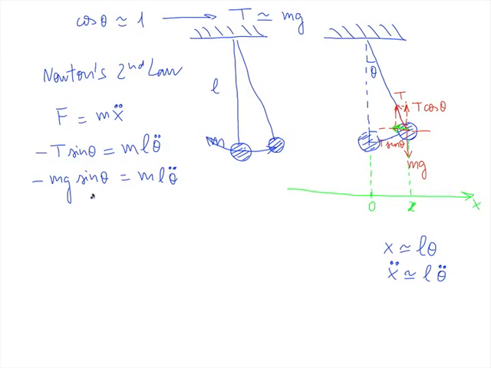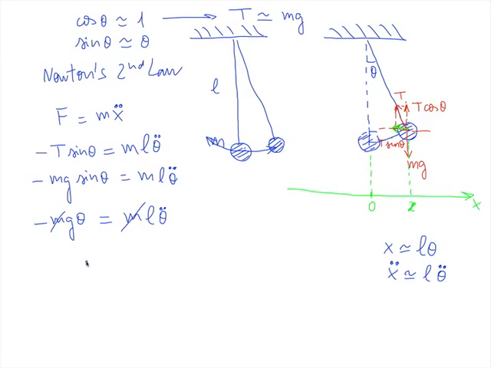And we can also make an approximation for the sine of theta, because if theta is very small, we can approximate the sine of theta by theta. So finally we can write minus m times g theta equals m times L times the second derivative of theta. And we see that the mass cancels out, so the equation of movement is not going to be dependent on the mass.